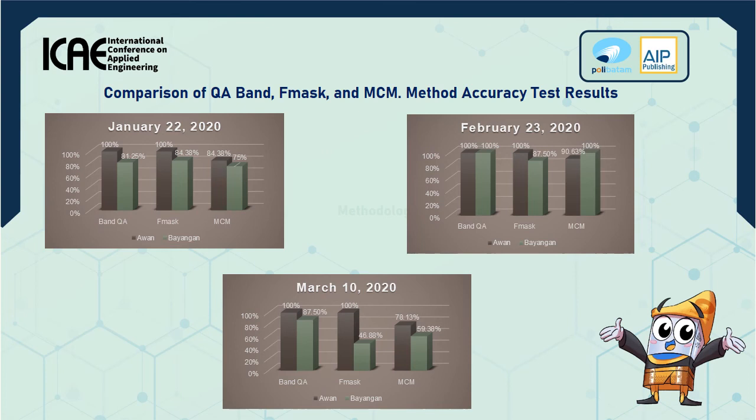The best accuracy for cloud shadows is the QA method because it has a consistently high level of accuracy in every month of the first quarter of 2020, which is near 80%. So the best cloud masking method used to remove clouds and cloud shadows is the QA method.